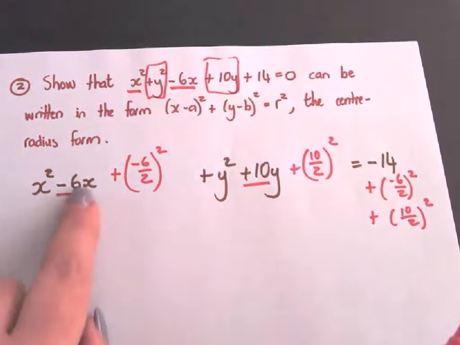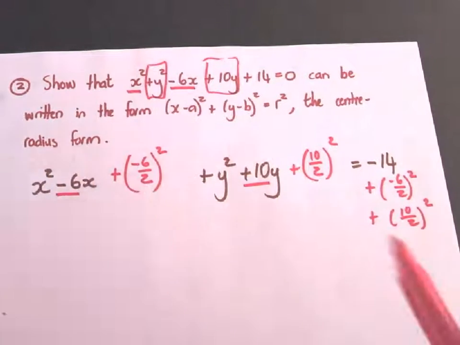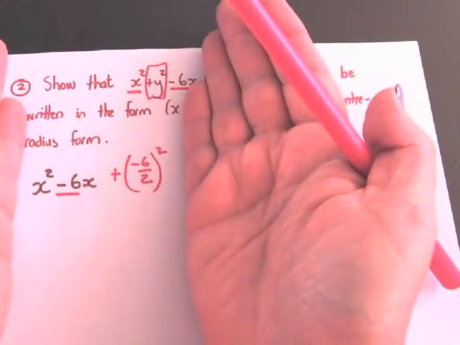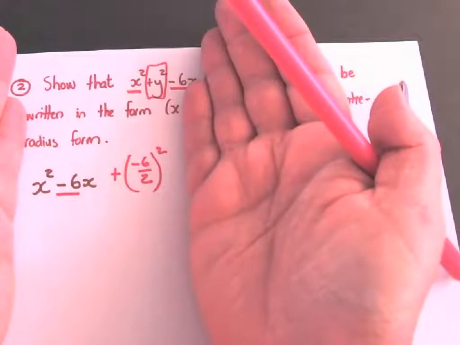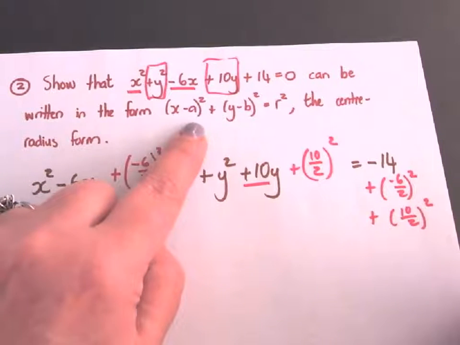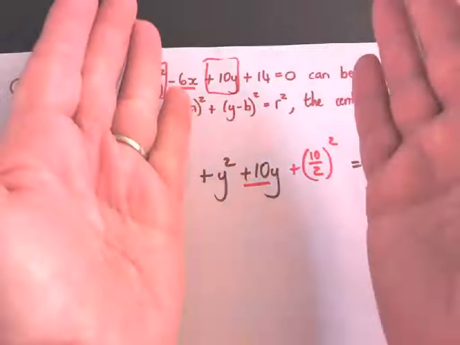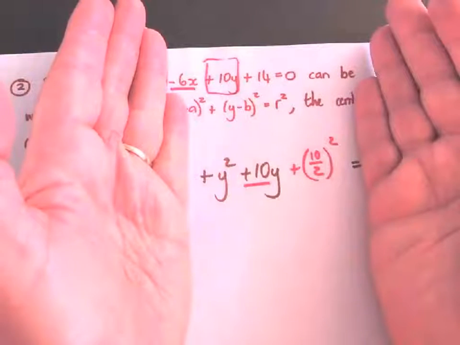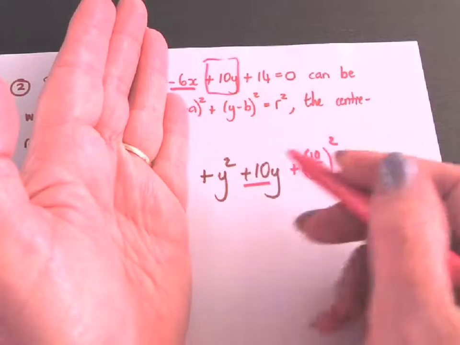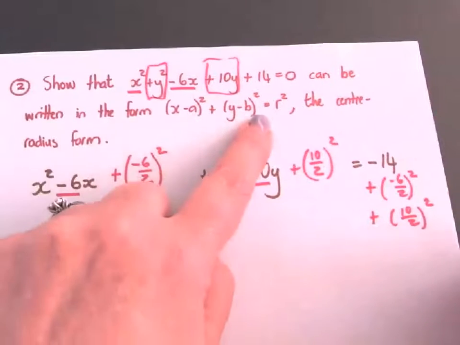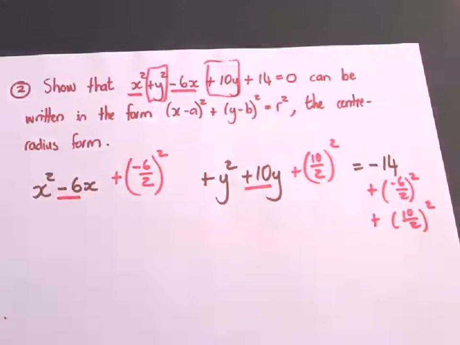So I group the x's together, complete the square to get a trinomial, which if I factorize, will give me a bracket squared. And I group all the y's together to get a trinomial, and if I factorize that, I will get a bracket squared. Okay.